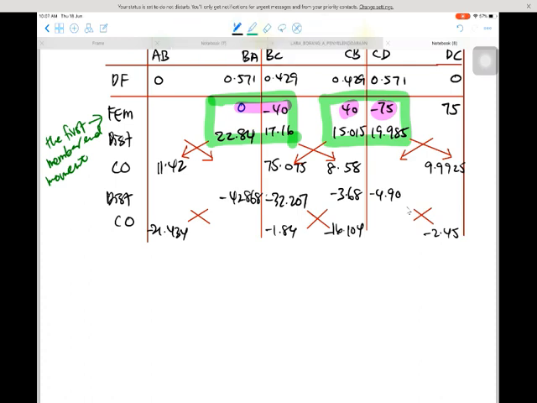The moment distribution method is a very important method because you will not only use this in this subject, but also in the design subject. This is the basic knowledge that you have to understand. Okay, so I want to continue.